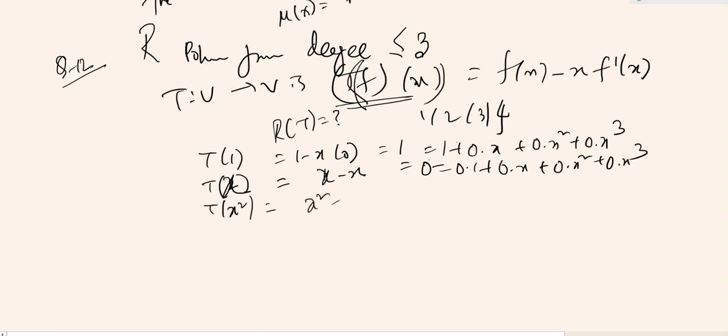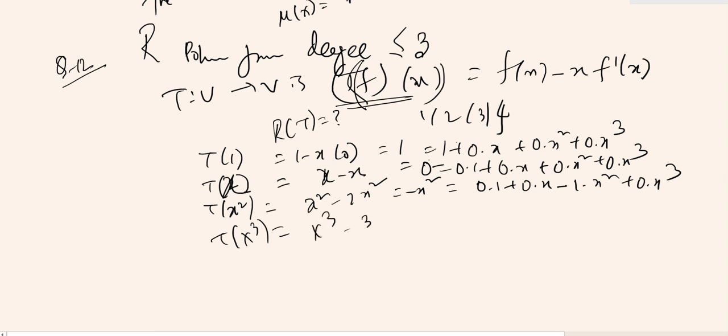So this is x squared minus 2x squared, that is minus x squared. So this is 0 into 1, 0 into x, minus 1 into x square and 0 into x cube. Last one is x cube minus 3x square into x. So x cube minus 3x cube, so this is minus 2x cube. So 0 into 1, 0 into x, 0 into x square, minus 2 into x cube.